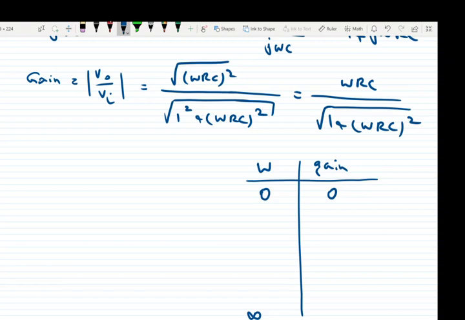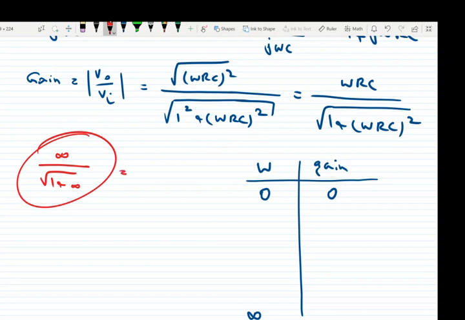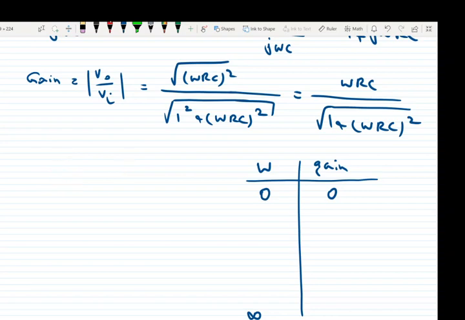If omega is infinity, we'll have infinity over 1 plus infinity. So we should find the value of this fraction, because we know that infinity over infinity is undetermined. So we need to solve this limit.